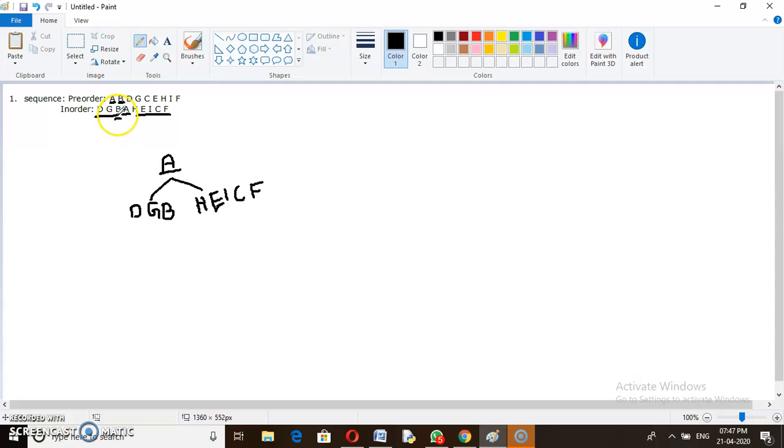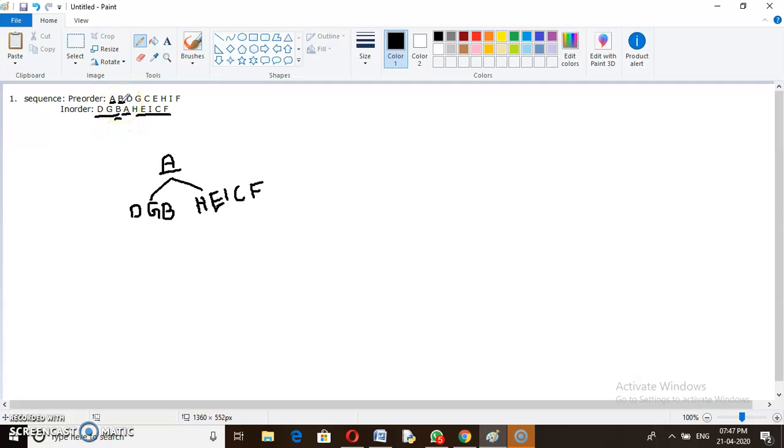B is here, and for B we have two letters, D and G, on the left side. There are no values to the right of B. That is, B has only a left subtree, there is no right subtree. So whenever you are checking these two sequences, find the root node from the pre-order and find the left and right subtrees from the in-order.